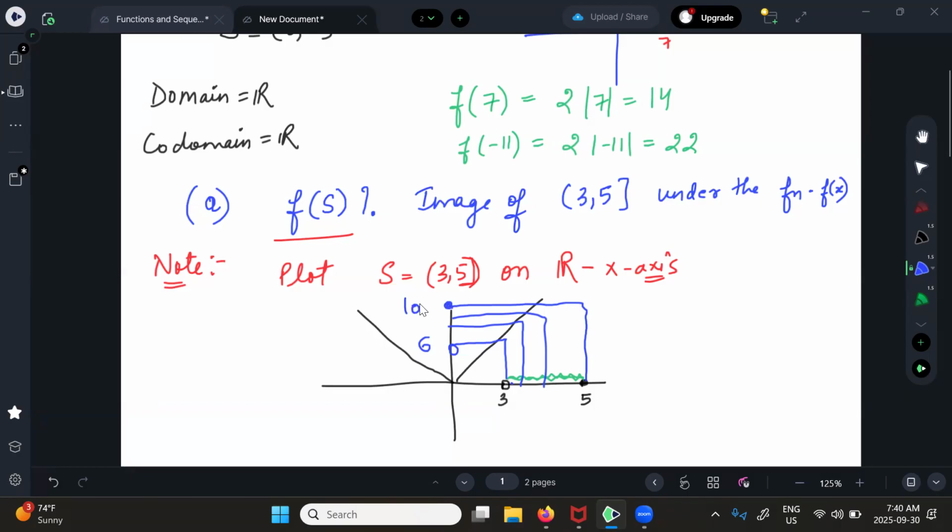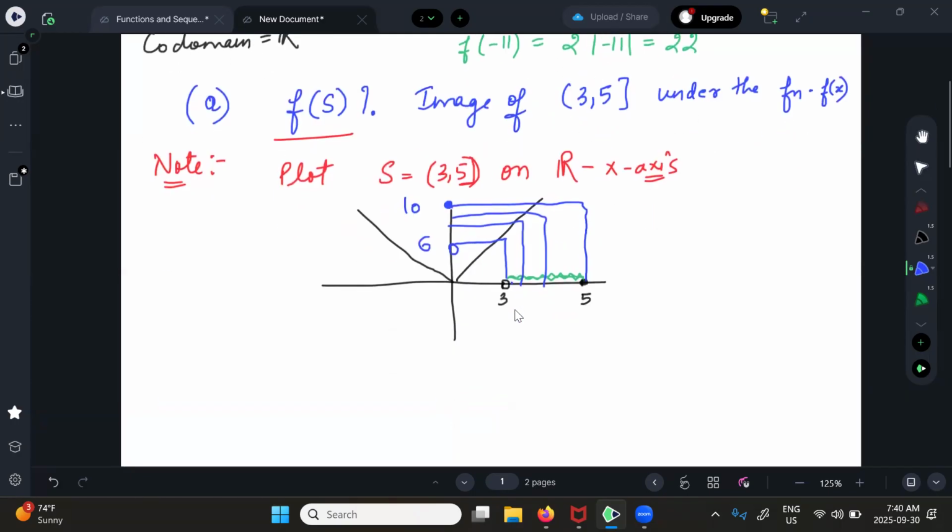That's what you're looking for. Now there were no breaks here. You were not kicking anything out of the domain. So this was still a doable problem. So what is the answer for part A of your lecture notes? F of S is (6, 10], 6 not included, 10 included. This is exactly how you solve this in the exam.